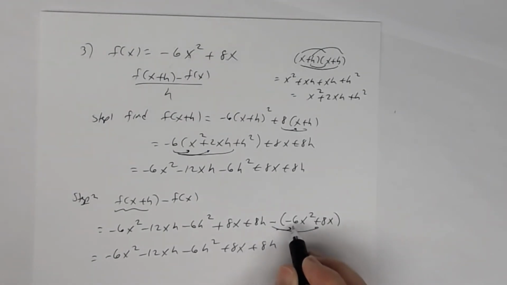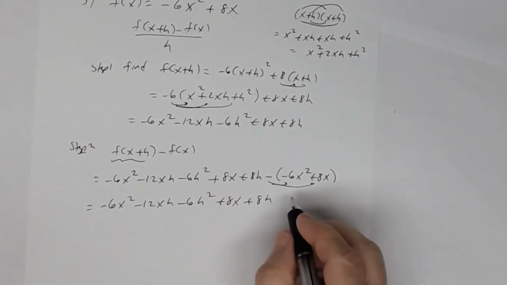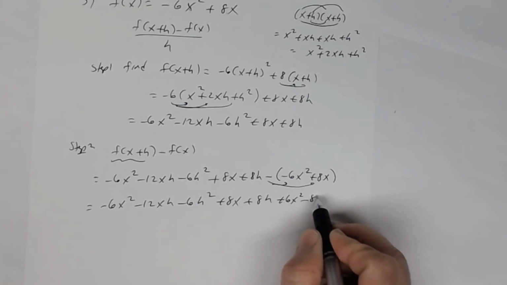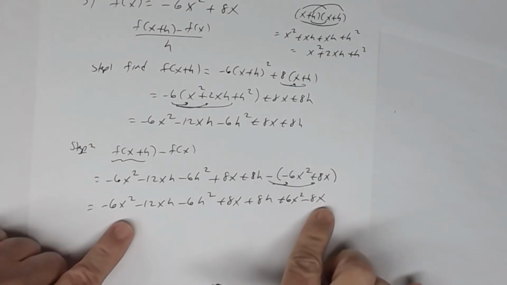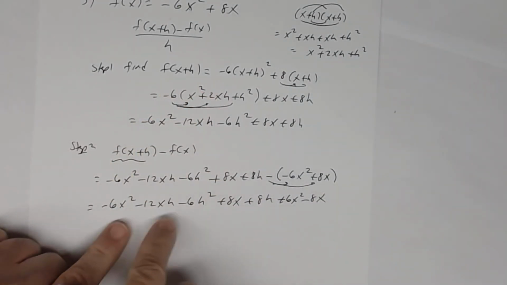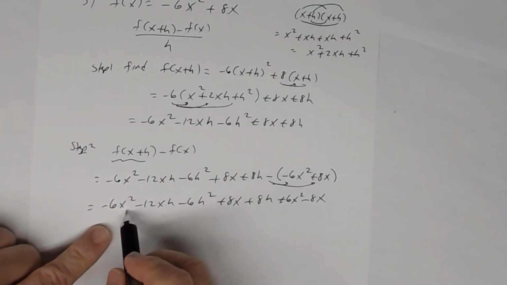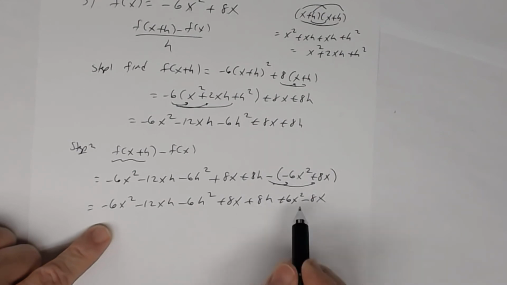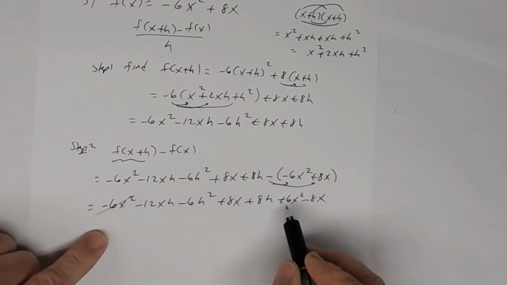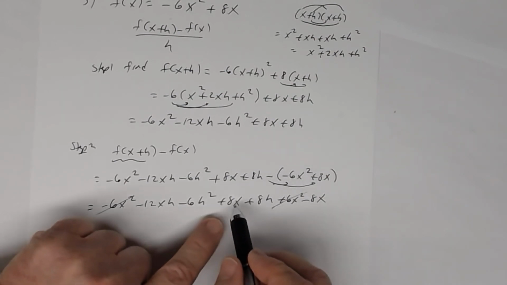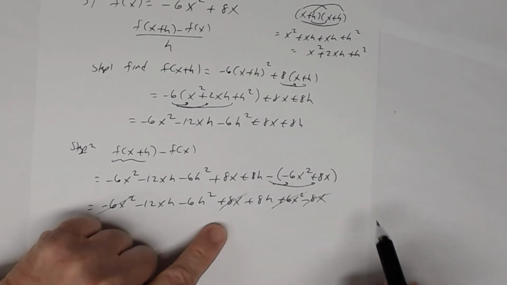And then the opposite of negative 6x squared is positive 6x squared, and the opposite of positive 8x is negative 8x. If you did all this work correctly, the terms that do not have a factor of h, their opposites had better be located. Negative 6x squared, positive 6x squared; positive 8x, negative 8x.